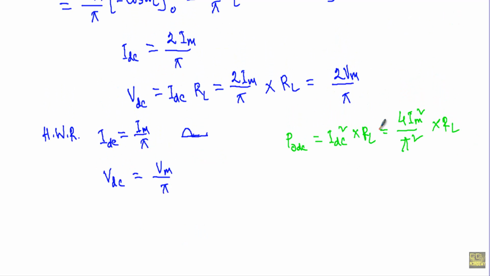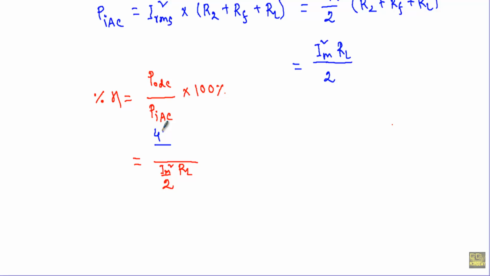And see, PoDC is equal to 4 Im square divided by pi square into RL. This RL will get cancelled with this RL, and this Im square will get cancelled with this Im square. These two will get multiplied with this 4. So in the numerator I will get 8, and in the denominator I will get pi square, into 100%.